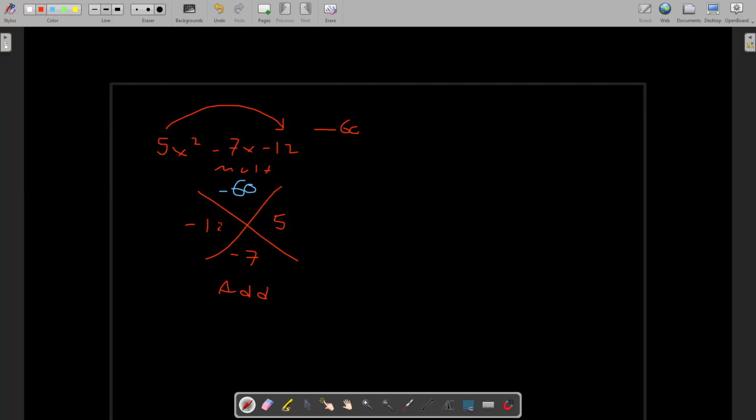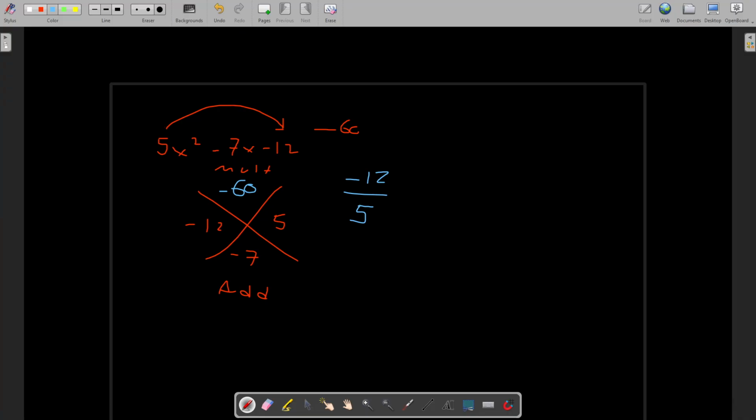So from here, how would you go about factoring this? Well, what you can do is take these terms and put them above this, like a fraction. So say we have our -12. We go -12 over our value of A, which in this case is 5. And if you can reduce it, then you have to reduce it as much as you can, but this isn't reducible.